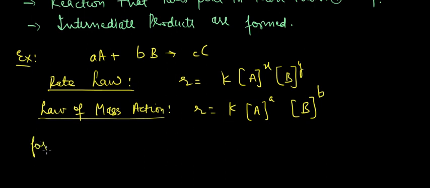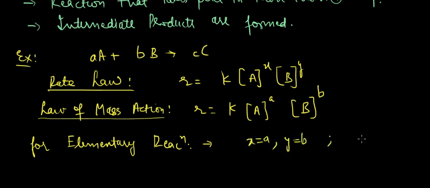So for elementary reactions, in which direct conversion of reactants into products takes place, we can write that x equals a and y equals b, and the overall rate, which is the total order, would be equal to x plus y, which equals a plus b.